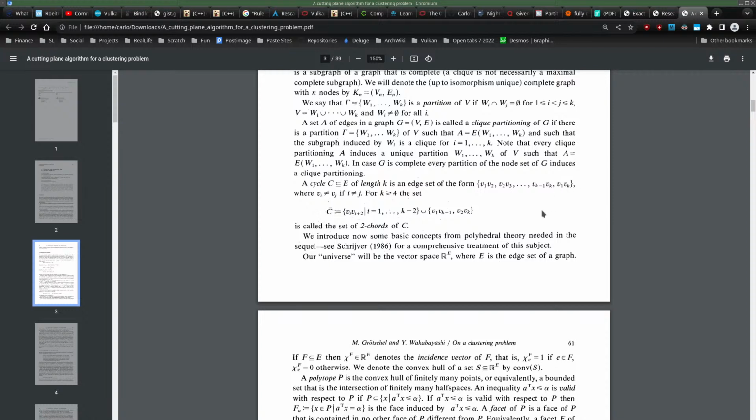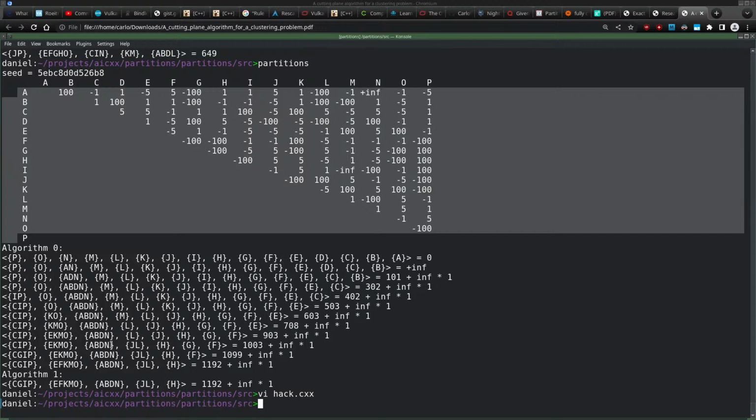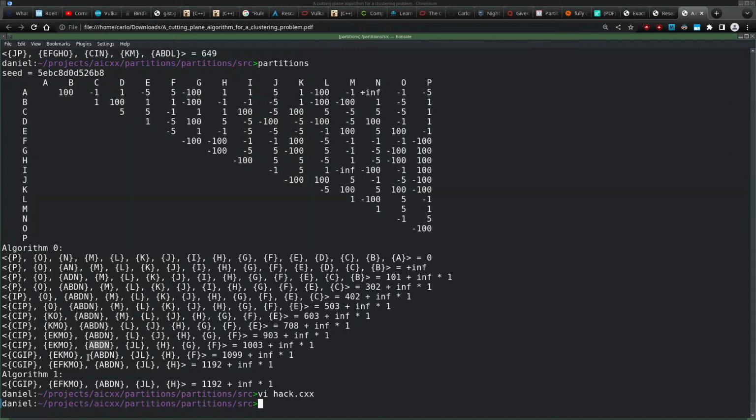So that's a loop of edges, a cycle, which obviously has to exist within a W.